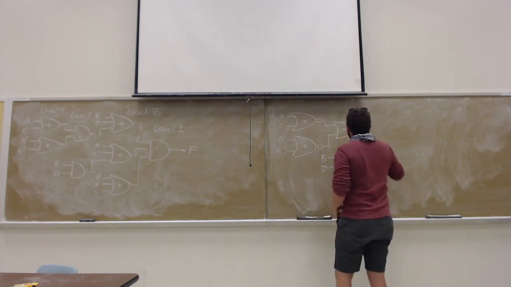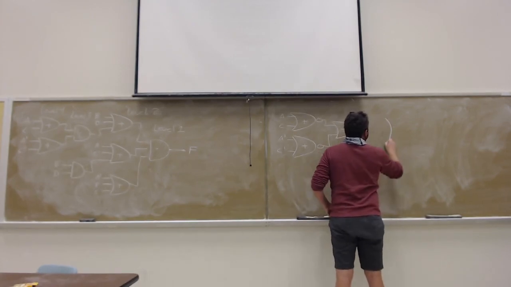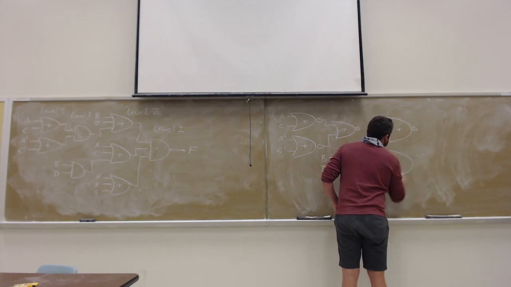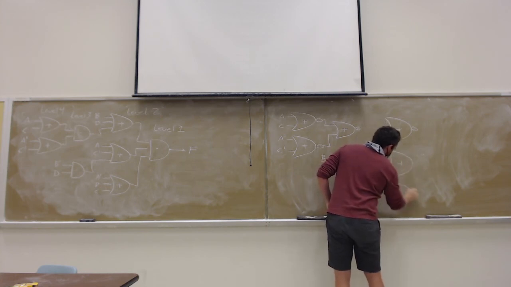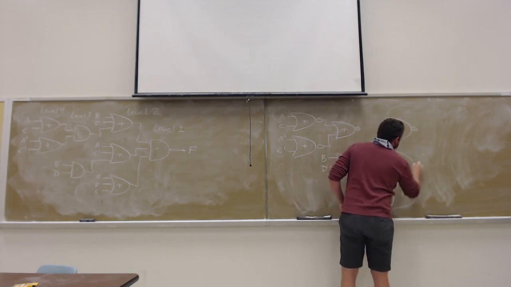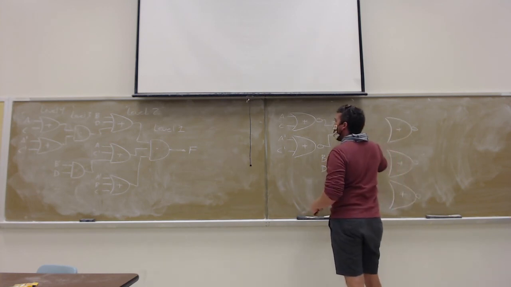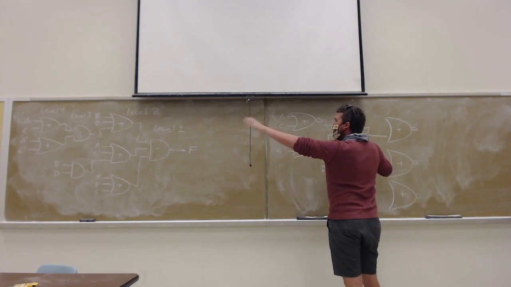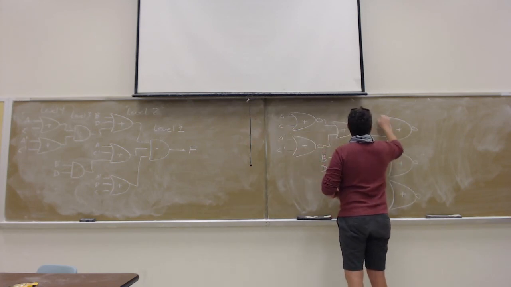Then we have level 2, which had three gates. First one takes that first NOR gate. Level 2 is even, so we leave the input literals alone.